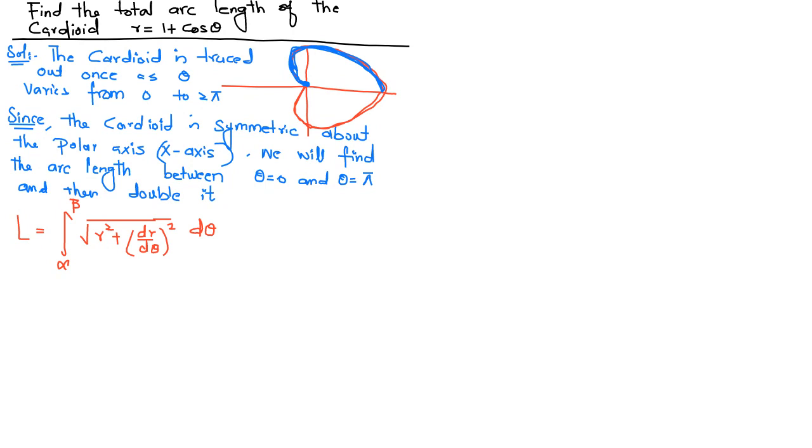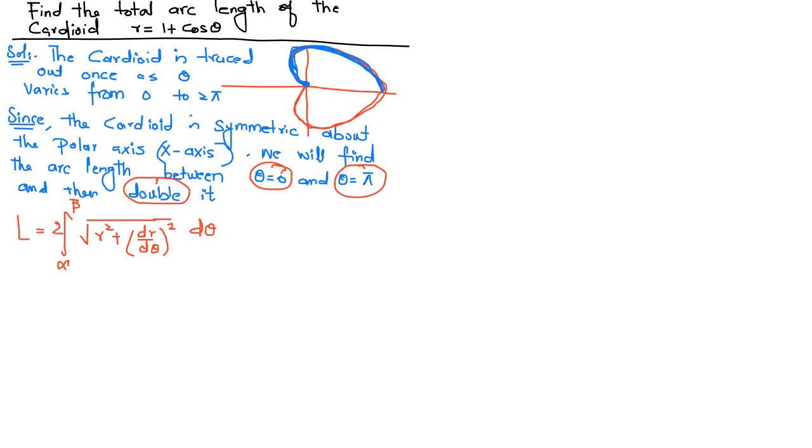Now you have to make it double, so I will write here 2. Is this okay? Why do I write 2 in the formula? Is this clear? Because this is symmetric along x-axis, so we take theta equal to 0 to pi. So we take half side, and that's why we make it double.